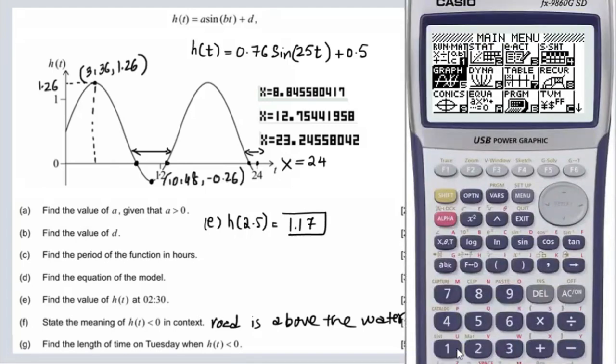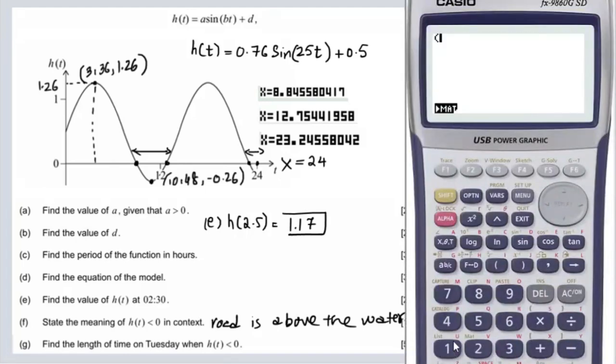So let's go to the normal part of the calculator, and the first thing I need to do is 12.7544 1958. I need to be careful. Take the unrounded answer. If you round them prematurely, you will get a slightly different answer, which is not correct. So always use these bigger numbers, and in the end you can write your answers rounded to three significant figures, right? Okay, so 8.845580417.